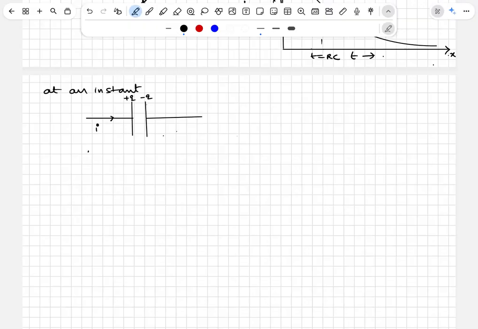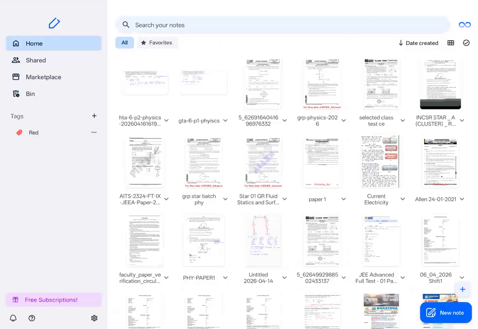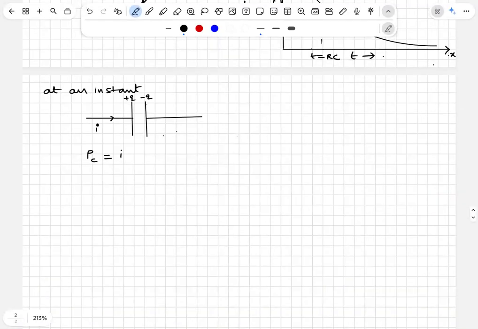Now, therefore, what is the power delivered to the capacitor? The power delivered to the capacitor is simply I times Q by C, that is Q by C times dQ by dt. This is the rate of doing work on the capacitor at an instant.